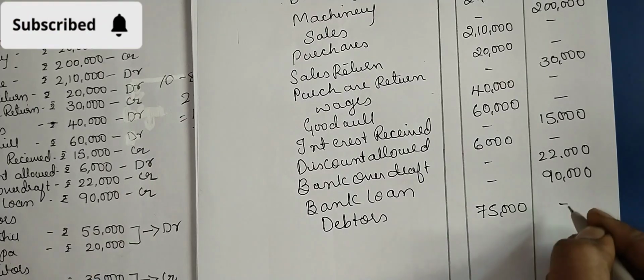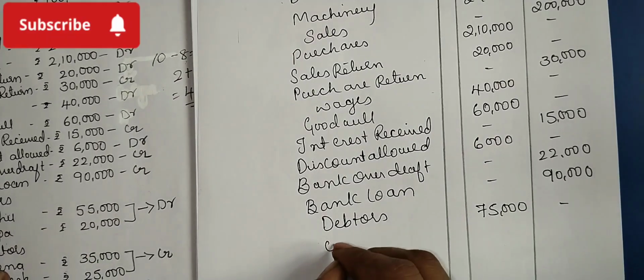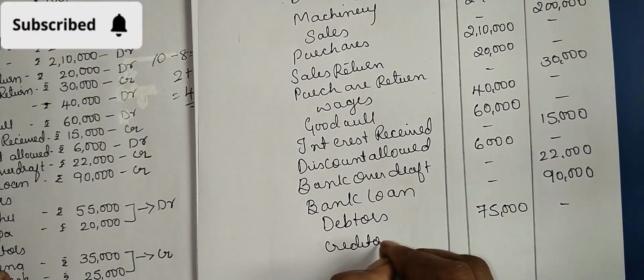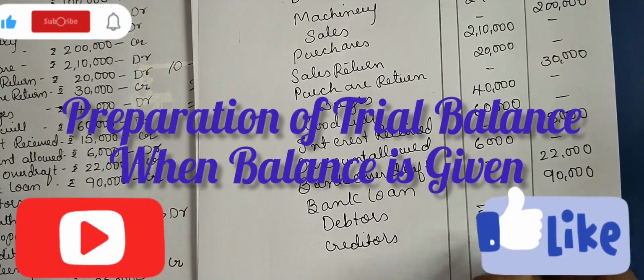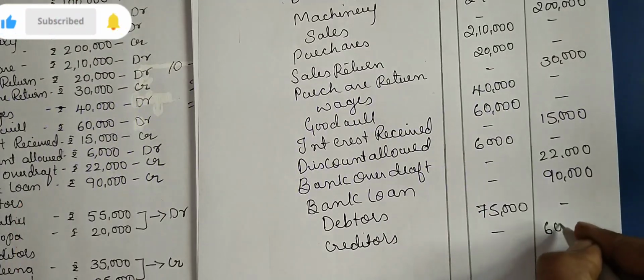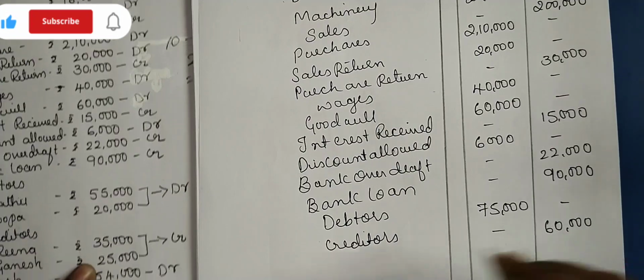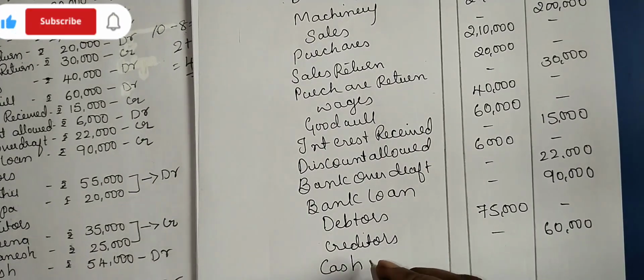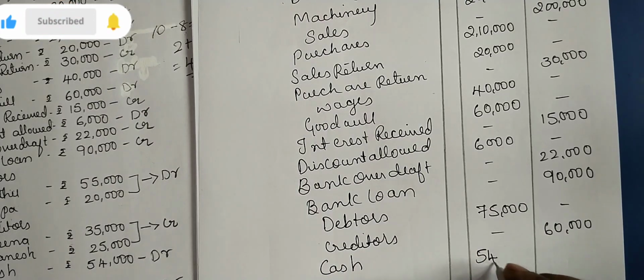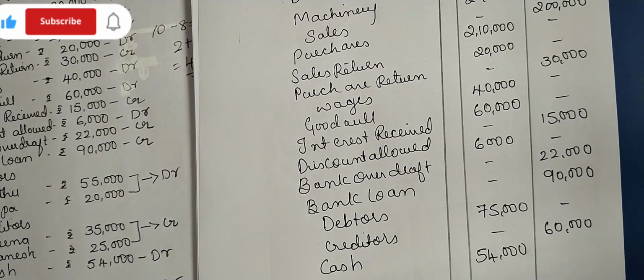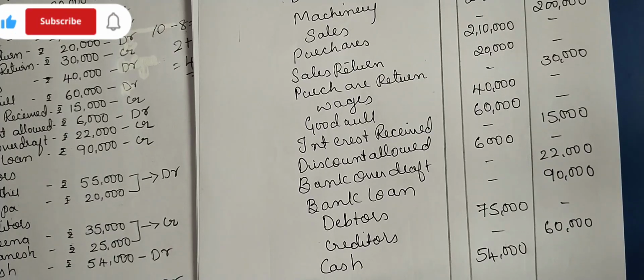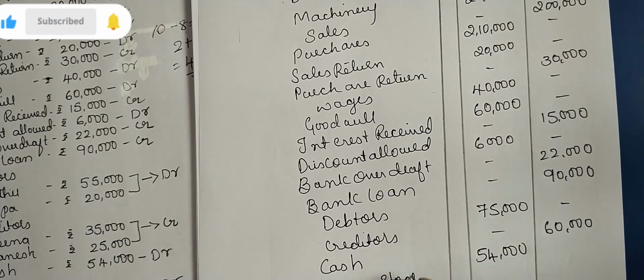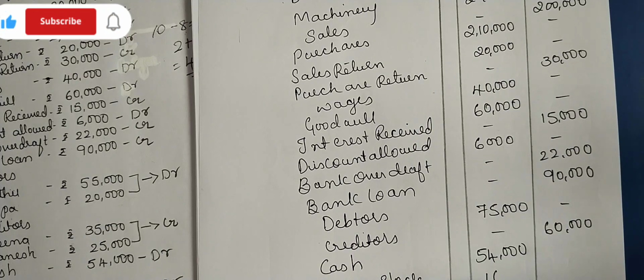Total debtors. Total creditors is 60,000. Cash 54,000. Debit side. Opening stock, debit side 16,000.